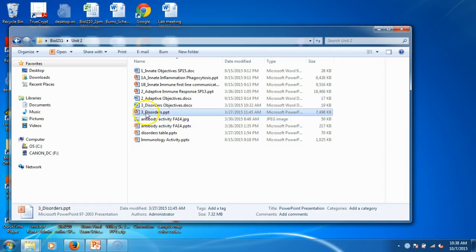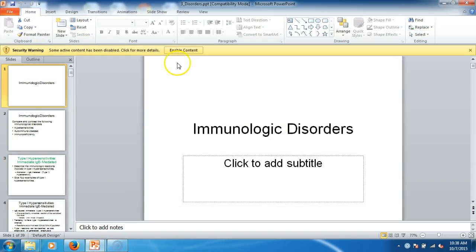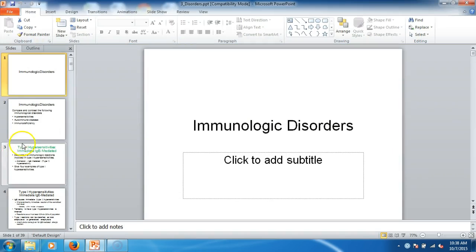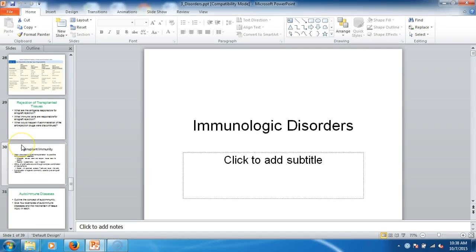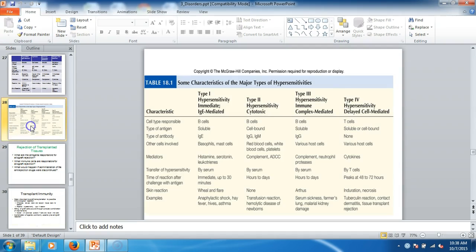Disorders. So you'll notice that there is a table in your book that summarizes some of the important aspects of the 4 different hypersensitivities that we're going to talk about.